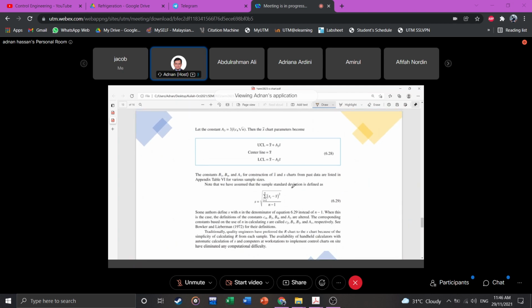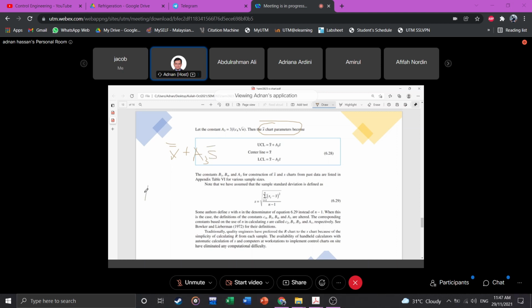For the X bar chart to be used together with the S chart, we are using this formula: A3 S bar. Remember, this is not R bar, it is S bar. So the upper control limit is X double bar plus A3 S bar.